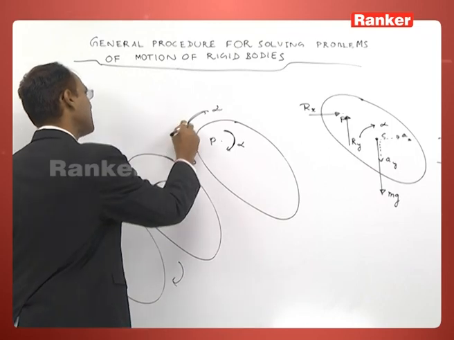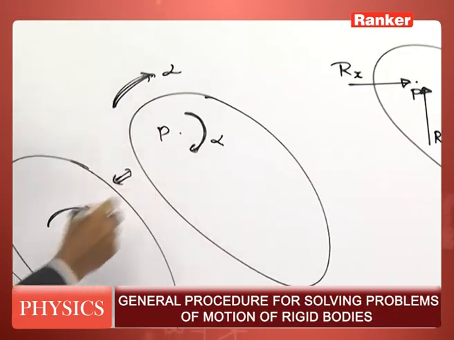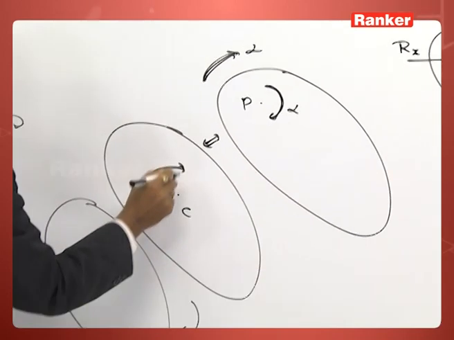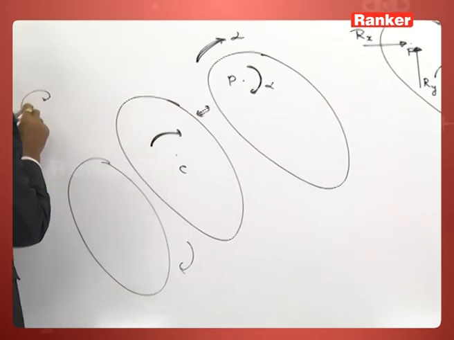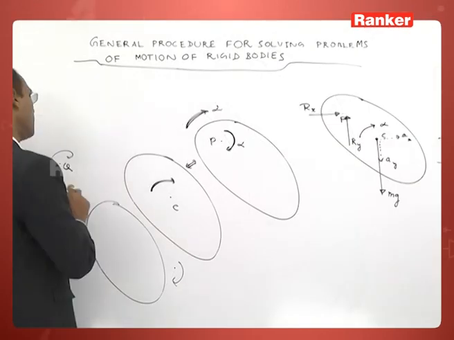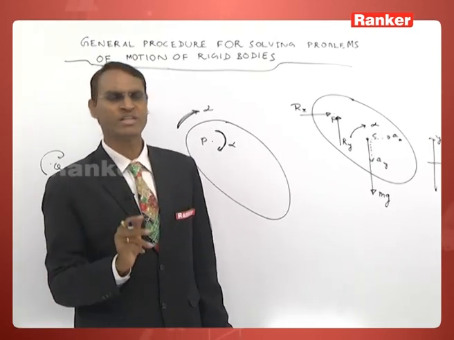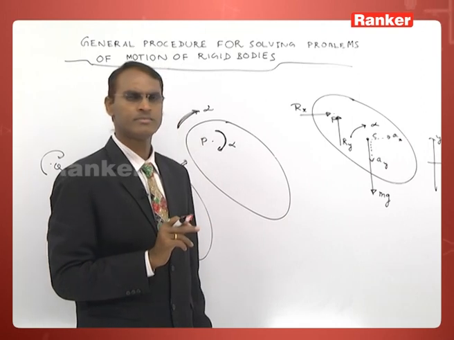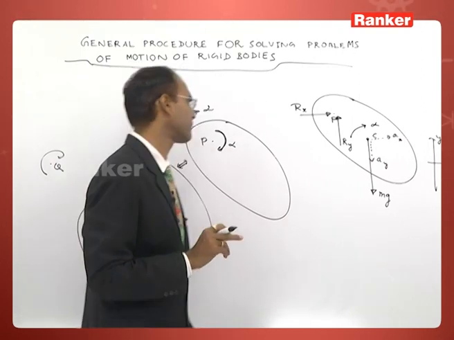So, if you take alpha in this way outside, or inside, or about the center of mass point, or about the pivot, or about any point outside, doesn't matter, because the angular acceleration of the rigid object does not depend upon the reference point.